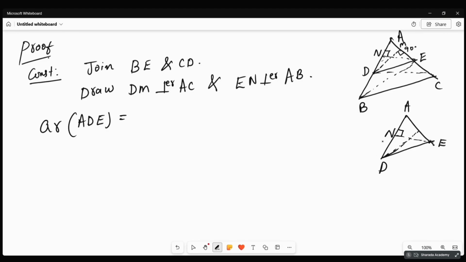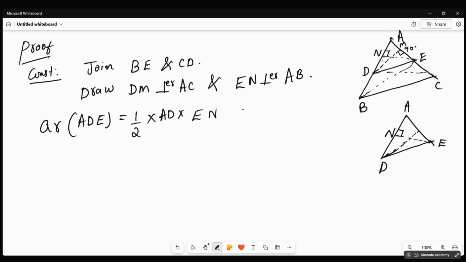So the area of ADE is half into AD into EN.